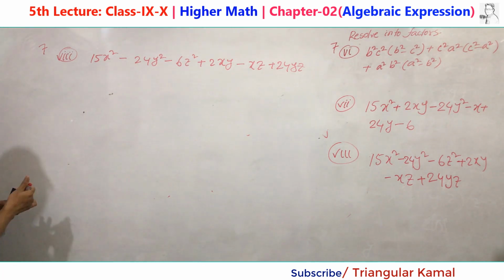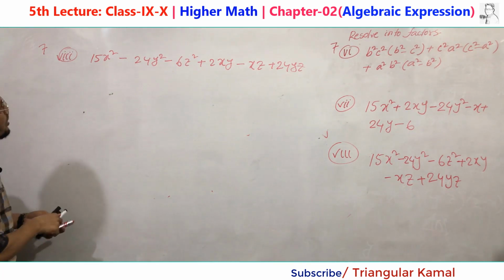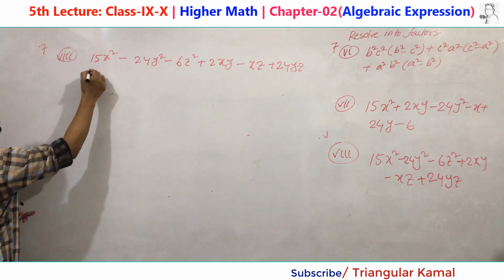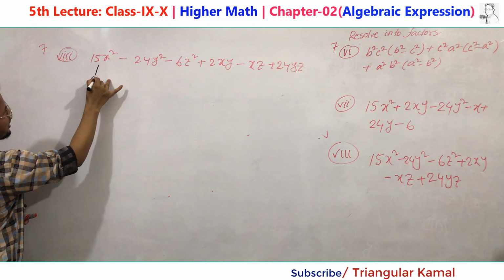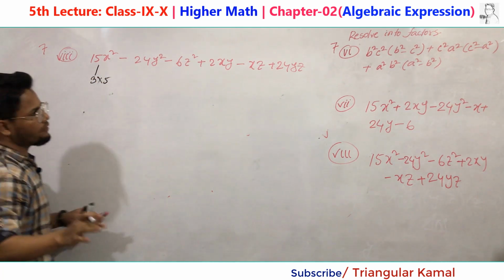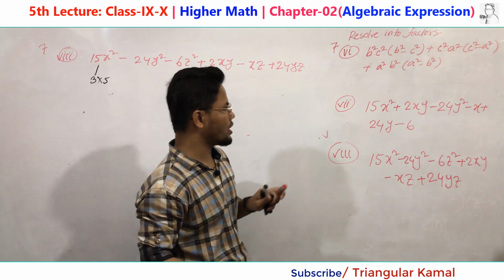Okay, if we do this one, 15, 5 times, 20. Okay, what is the difference between number 7 and number 8?